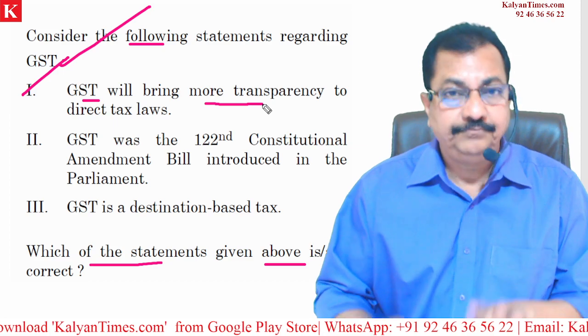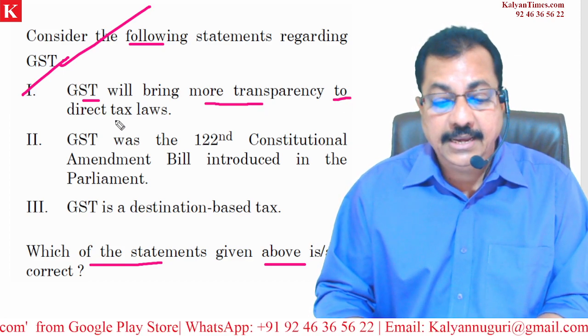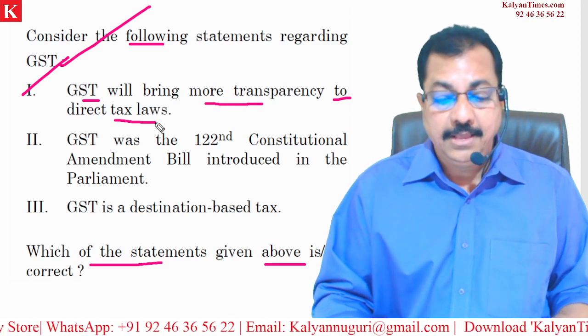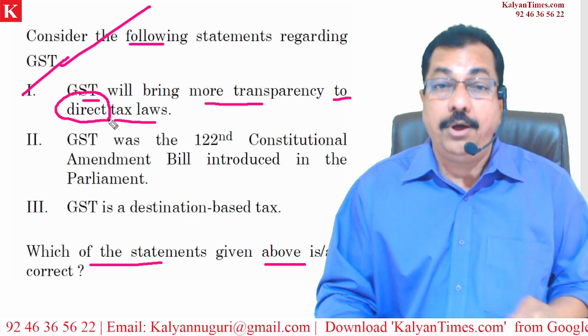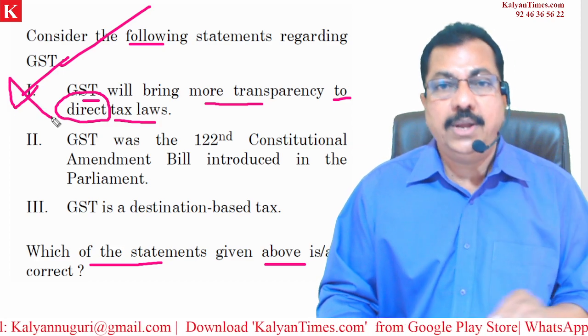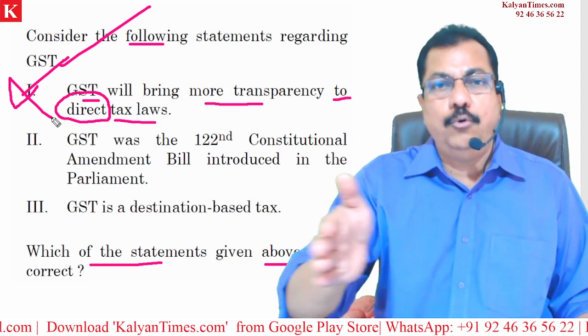to direct tax laws. This is really a very important one. GST is related to indirect tax laws but not the direct tax laws. So obviously statement 1 is wrong. That is the reason why you have to read the whole statement.